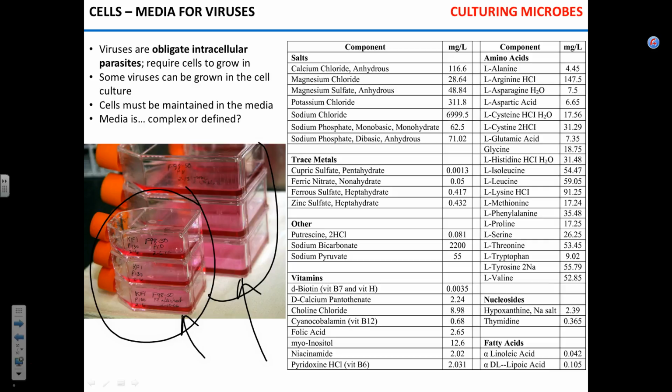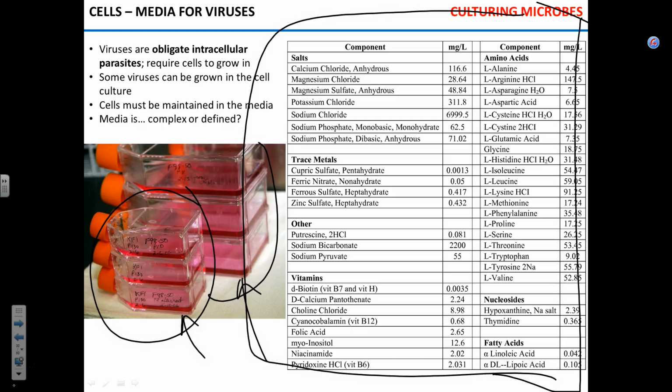Now, cells, in turn, have to be maintained in the medium. Of course, you don't have to know the components. It's a defined medium, but you can quickly make it complex because cells often require the serum from calves, fetal bovine serum.